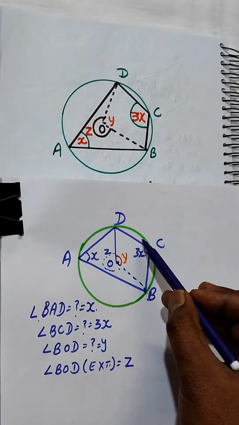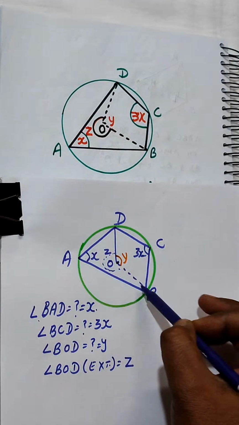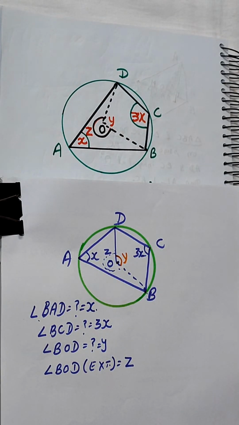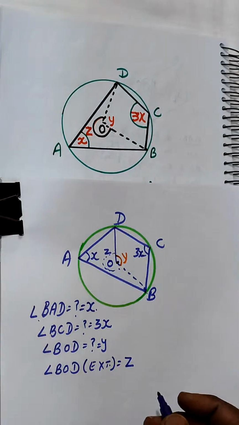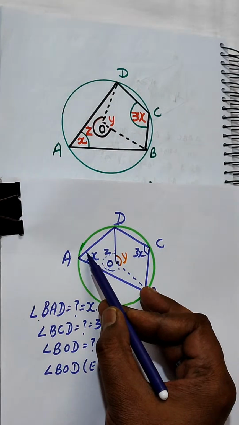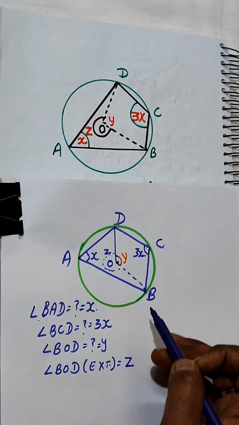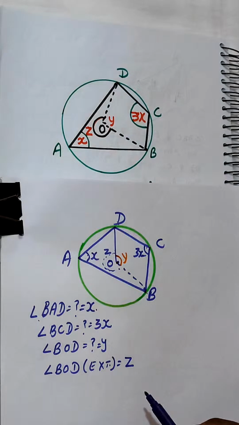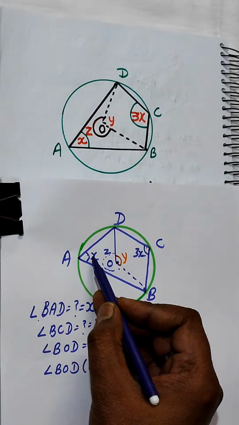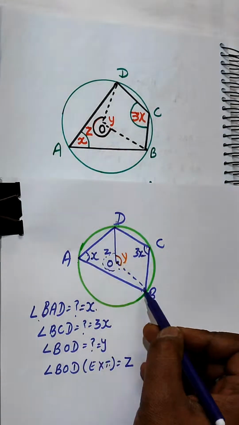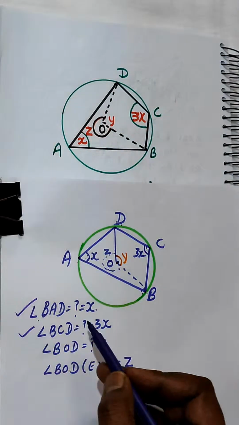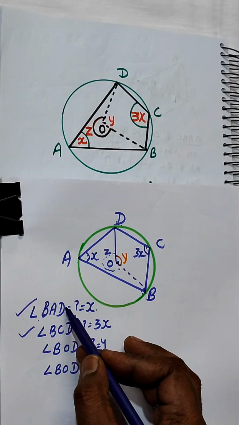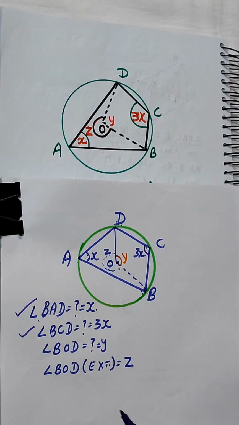This is a cyclic quadrilateral, and inside a cyclic quadrilateral there is a theorem we know: the sum of the opposite angles of a cyclic quadrilateral is 180 degrees. So angle BAD and angle BCD, when they add up, the total sum will be equal to 180.